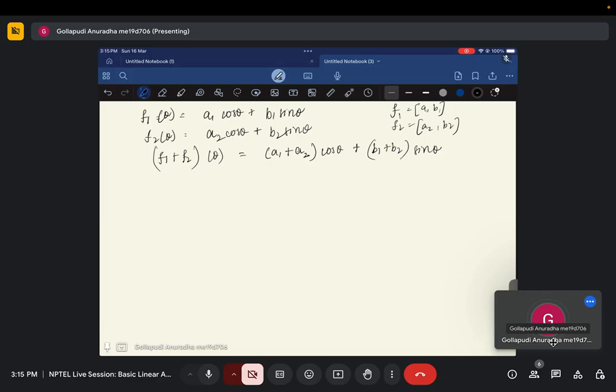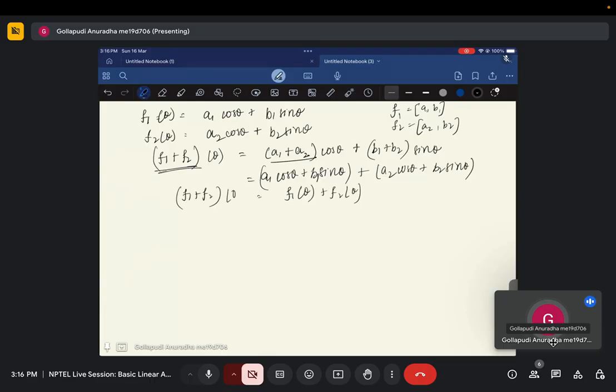Then f1 plus f2 of theta can be written as a1 plus a2 times cos theta and b1 plus b2 times sin theta, which we can split as a1 cos theta plus b1 sin theta plus a2 cos theta plus b2 sin theta. This is nothing but f1 of theta plus f2 of theta. So addition is satisfied, and I also have to check the scalar multiplication condition.